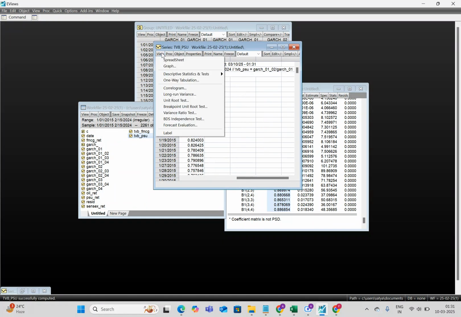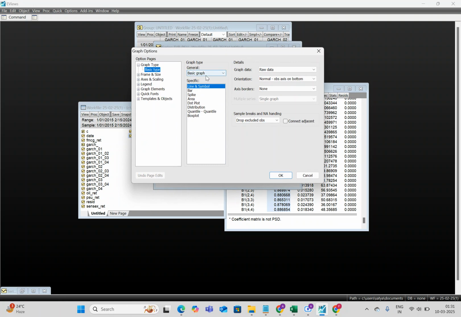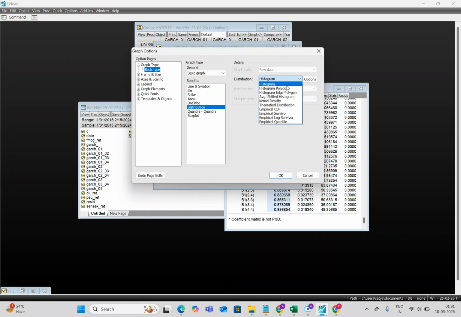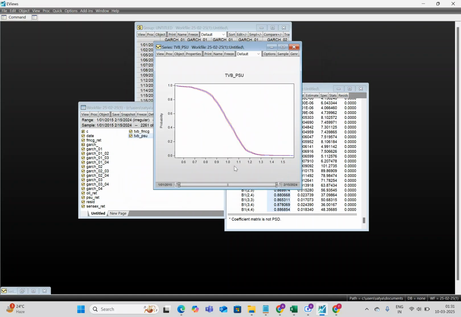You have TVB PSU, time varying beta of PSU. Now let us go to graph. Go to distribution and we go to empirical survivor.